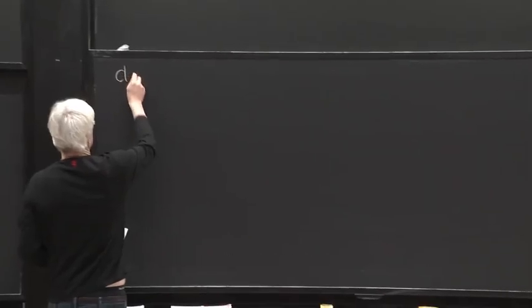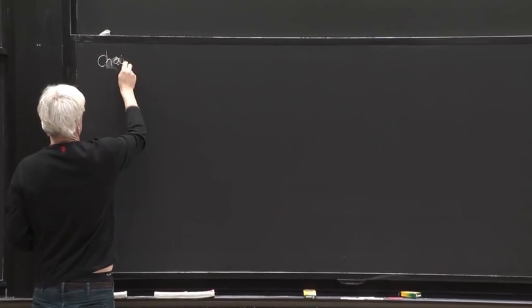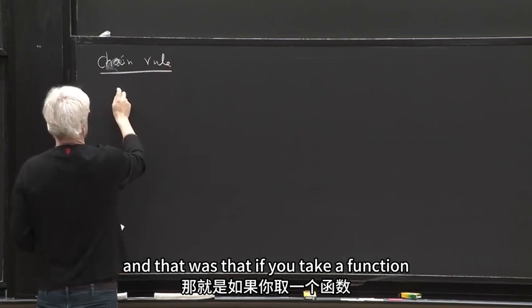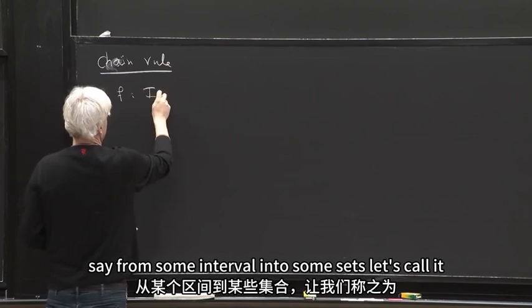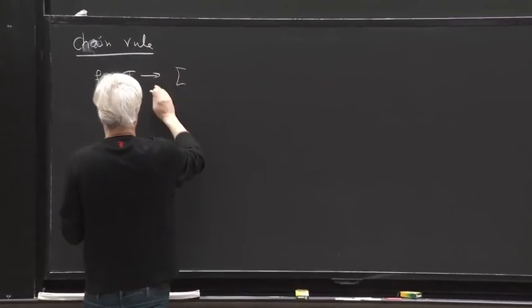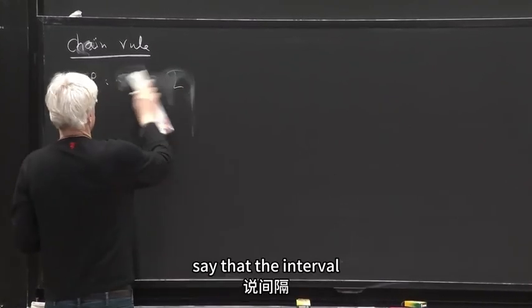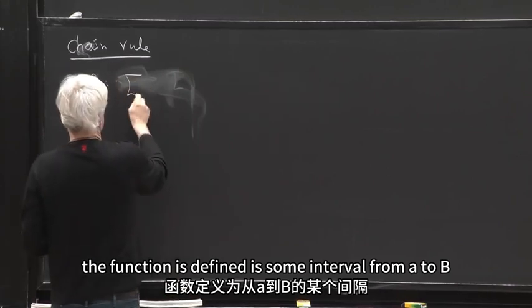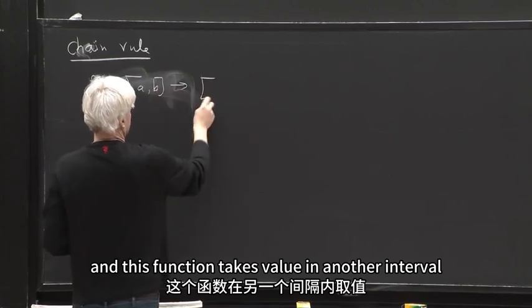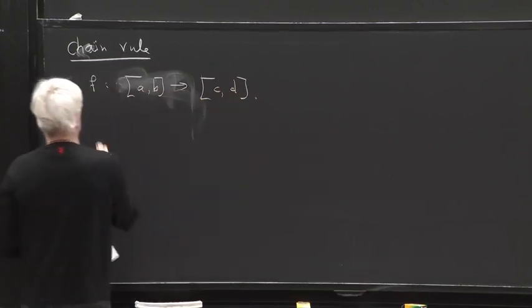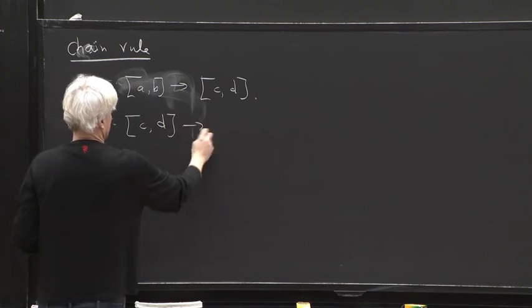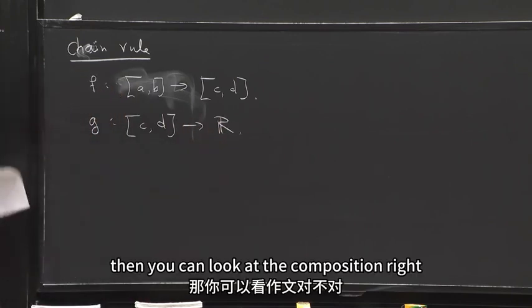So the chain rule was that if you take a function, say from some interval into some set, let's say that the interval where the function is defined is some interval from a to b, and this function takes values in another interval from c to d, and then you have a function g that is defined on c to d into R. Then you can look at the composition, right?